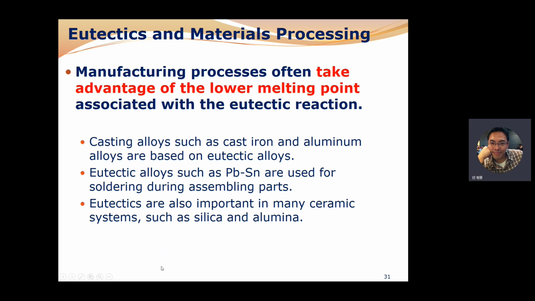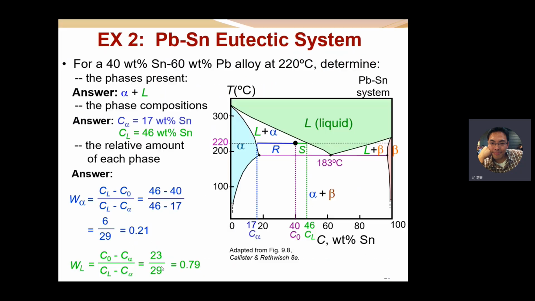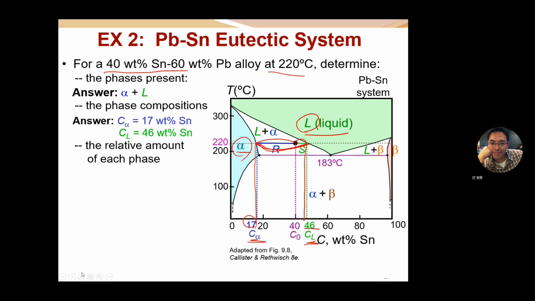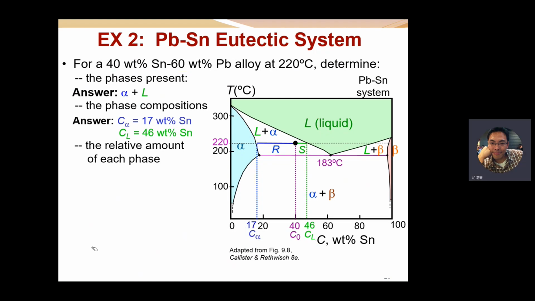Eutectics in materials processing and manufacturing often take advantage of the lower melting temperature associated with the eutectic reaction. If we look at this phase diagram, at this point, the eutectic reaction, it has the lowest melting temperature.